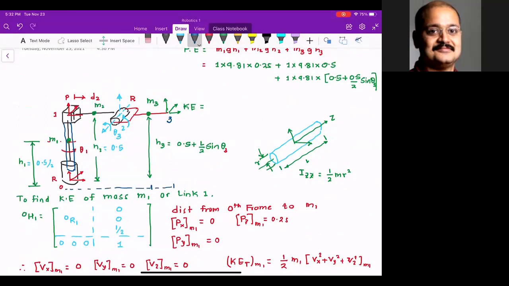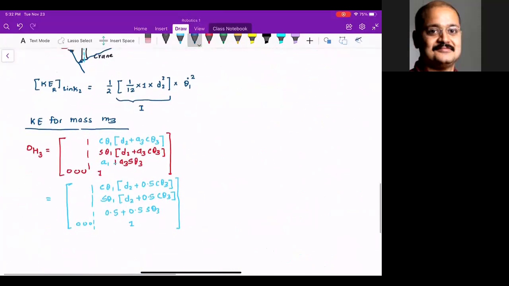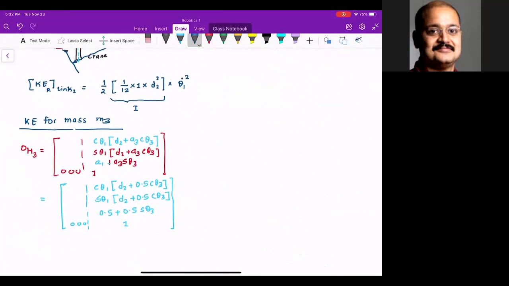What would be the difference for M3? Please note, the first part D2 would remain as is. So Px of M3 will be cosine theta 1, D2 as is, plus 1/2, 0.5 cosine theta 3.